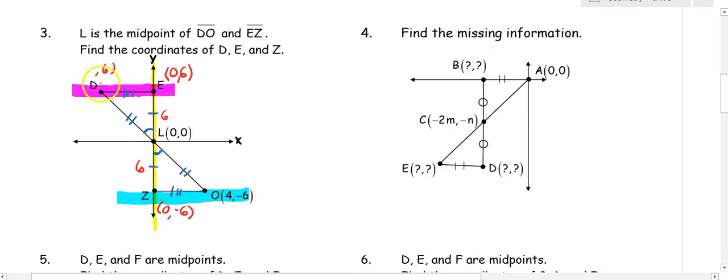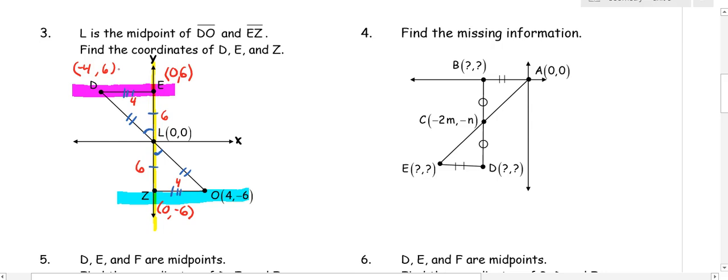Now to get the x-coordinate, we know from O to Z that x-coordinate was 4, so it has a distance of 4, which is the same thing up here. Now, to get from E to D, we're moving into the second quadrant, which means that the x's are going to be negative, so this is going to be (negative 4, 6).